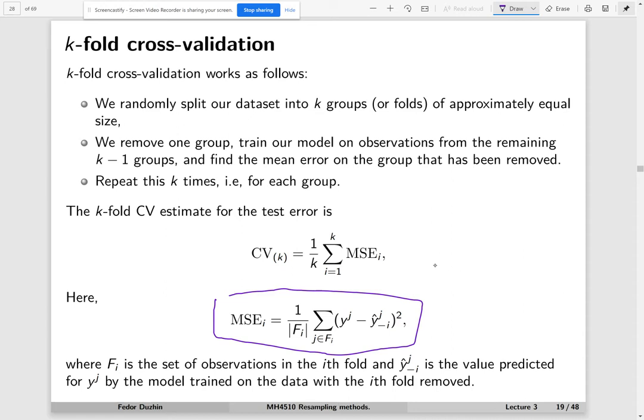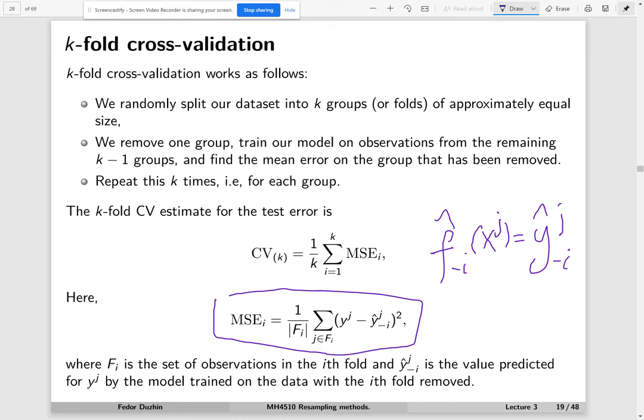I called it f hat -i, so this is the model trained on the set with the ith fold being removed. I'm going to apply it to x, say j, and this is going to be my y hat j with a sub index -i to indicate that the ith fold was removed.